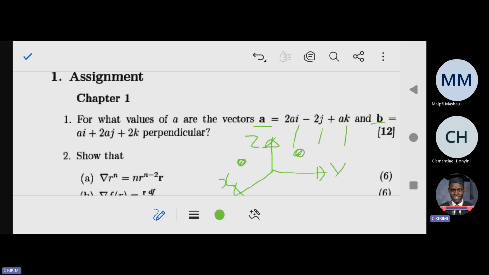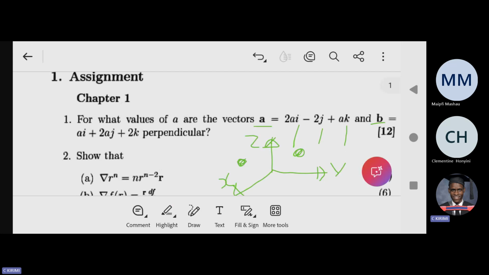That's why we have three dimensions, X, Y, and Z. Instead of X, they represent X as i, Y as j, and Z as k.